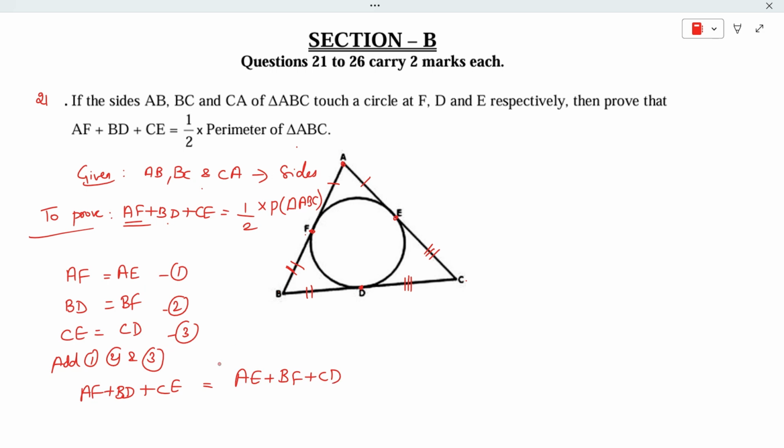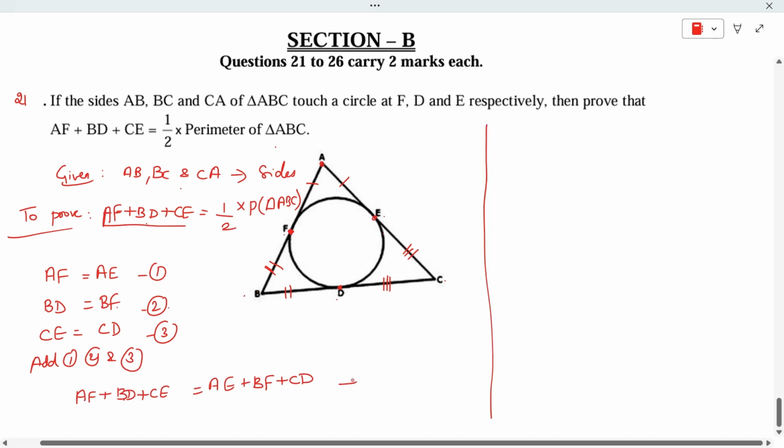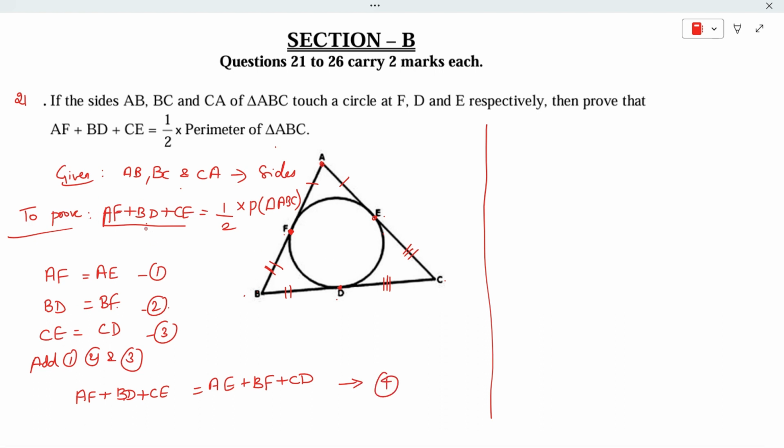I'm adding all the right hand side and just keeping it on the right hand side. So name this equation as equation 4. Now compare to prove an equation 4. The left hand side has become equal. Only the right hand side is different. So in order to prove, I have to prove the right hand side as half of perimeter ABC, isn't it?